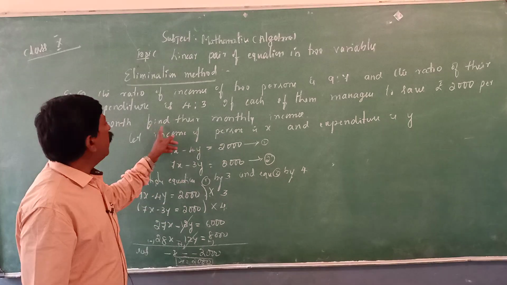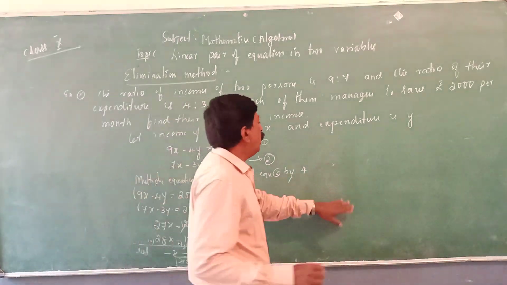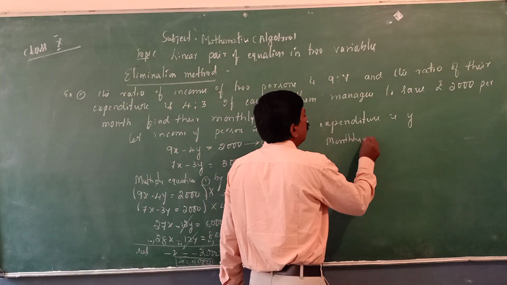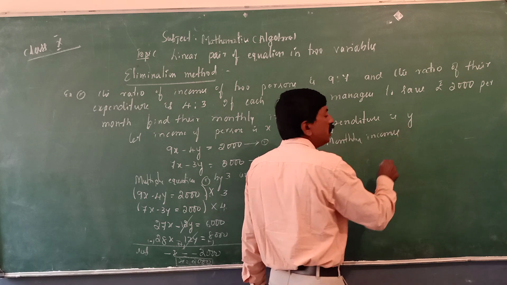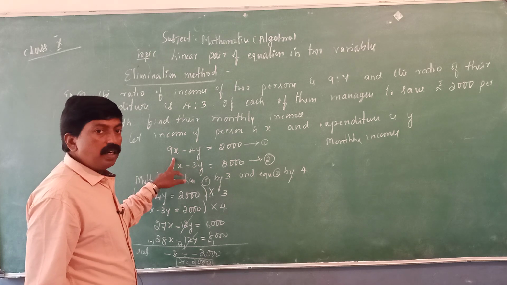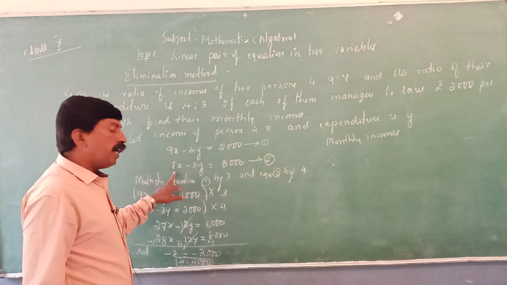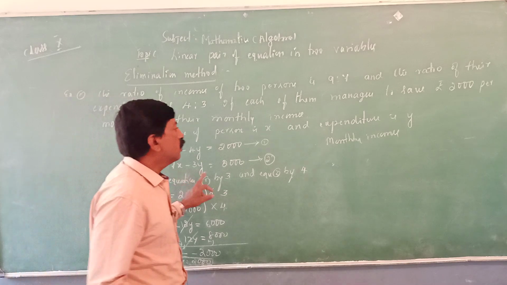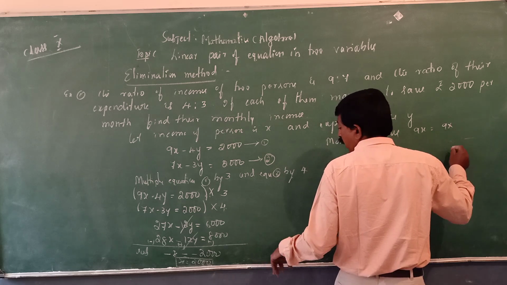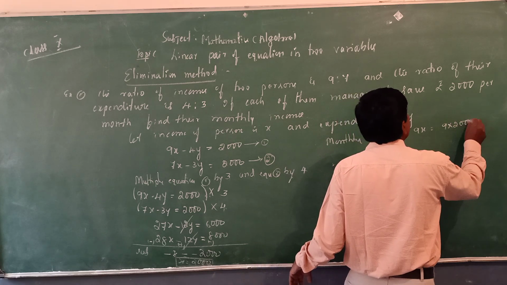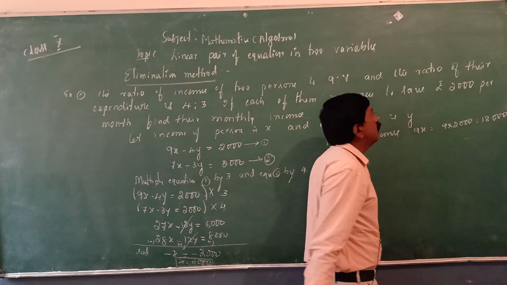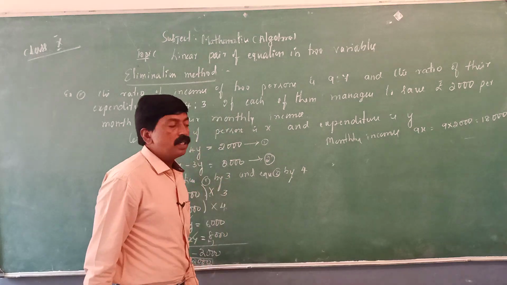Observe here, find their monthly incomes. The monthly income of the first person is 9x, and of the second person is 7x. So 9x is 9 into 2000. 9 2s are 18, so 18,000 rupees is the monthly income of the first person.